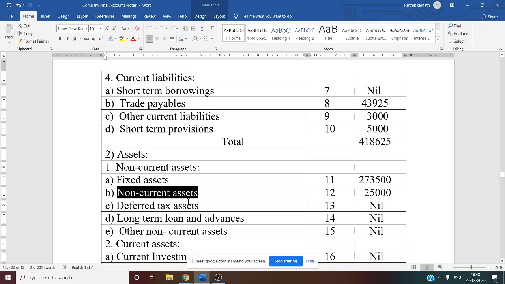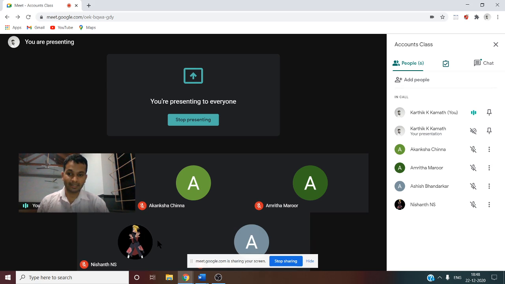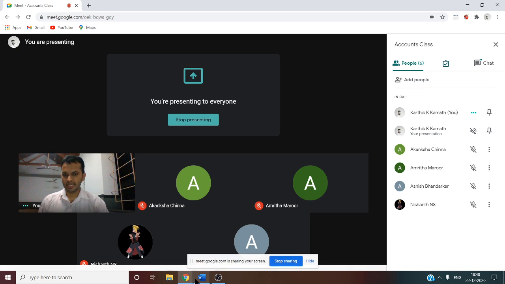Whether it is non-current asset or non-current investment. Can you tell me note number 12, whether it is non-current asset or non-current investment? Asset or investment?